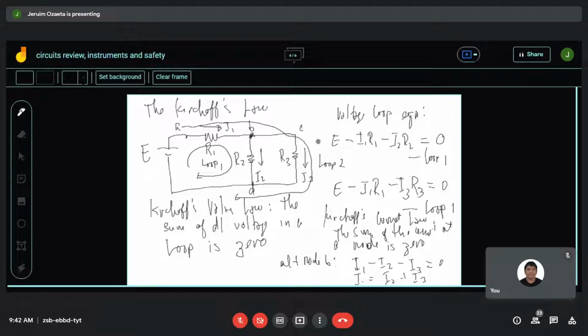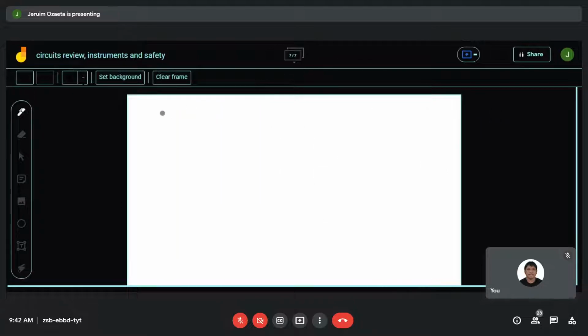Now, by Kirchhoff's law of voltage loop and current loop, you have 3 equations.